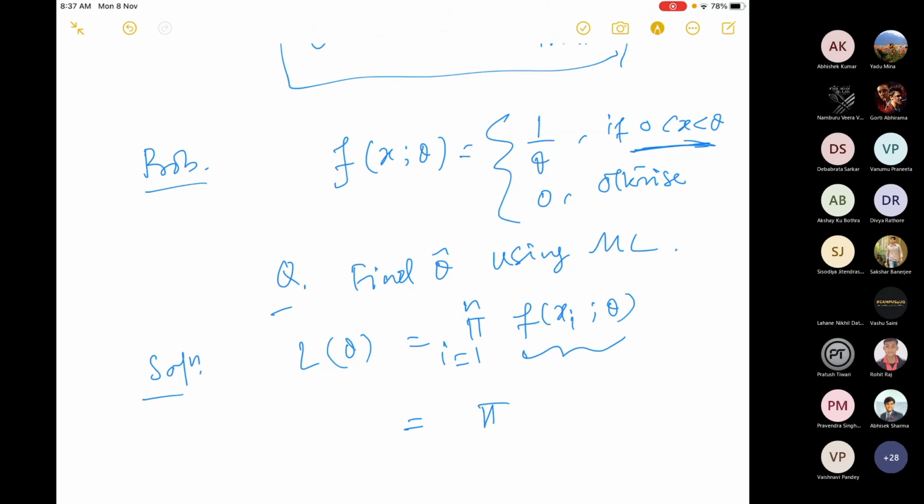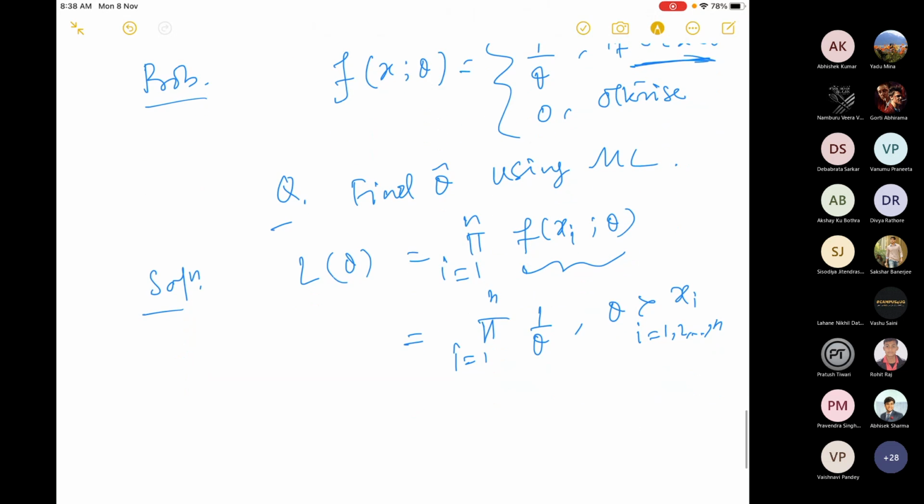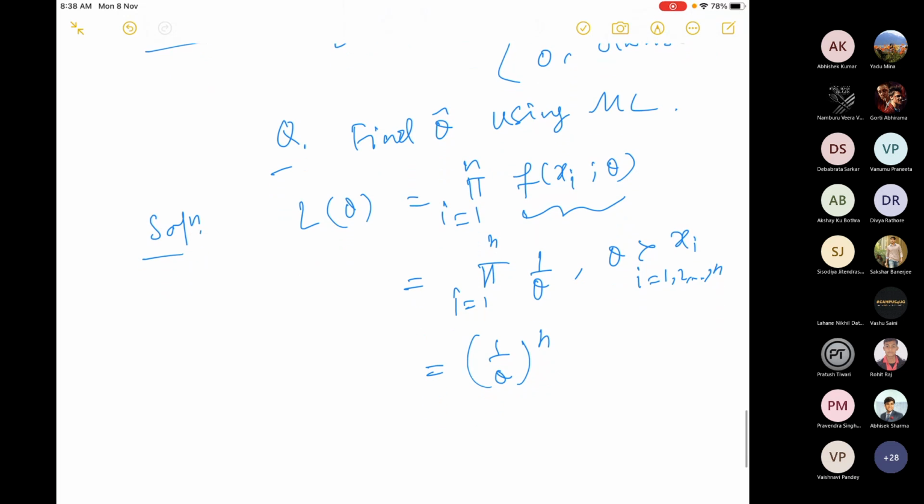So here, for i equal to 1 to n, we have 1 by theta if theta is bigger than xi, or 0 less than xi less than theta, for all i from 1 to n. So this is basically 1 by theta to the power n. Now what is the parameter space for L theta?